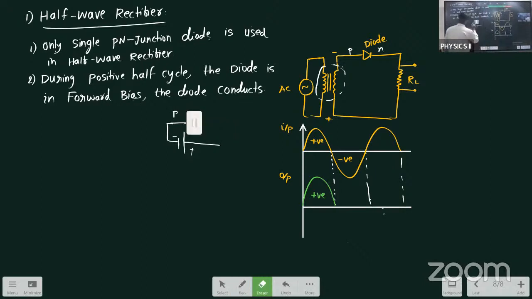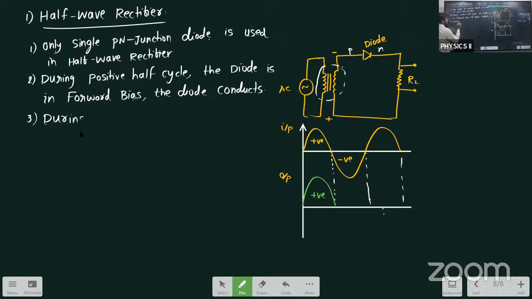So what is the next point you are going to write? The next point, the third one: during negative half cycle, the diode is in reverse bias.